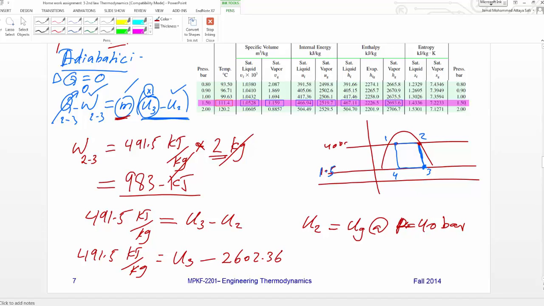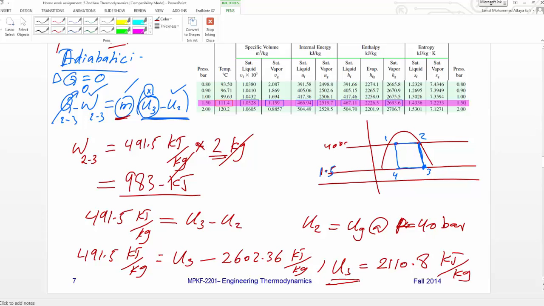And remember, this is kilojoule per kilogram. And if you do simple mathematics here, U3 will be 2110.8 kilojoule per kilogram. So now I have U3 and I have P3, which is 1.5.